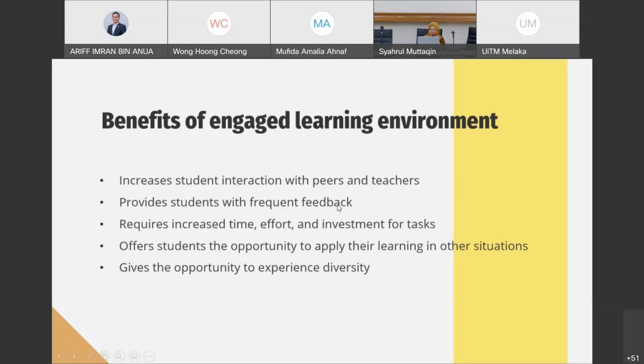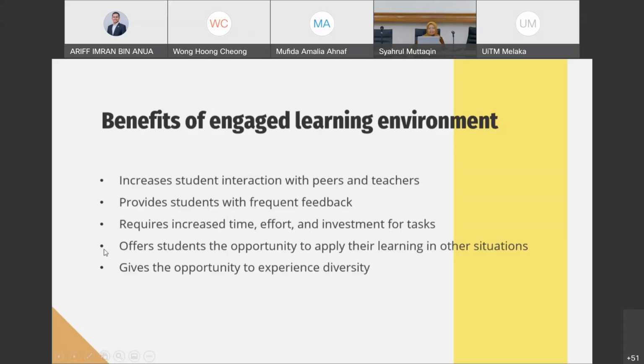Yeah, the feedback, of course, can be from the peers and can be from the teachers, since we also recognize peer feedback and also teachers' feedback. And then it requires increased time, effort, and investments for tasks. Indeed, it requires effort from the teachers and also investments, of course.